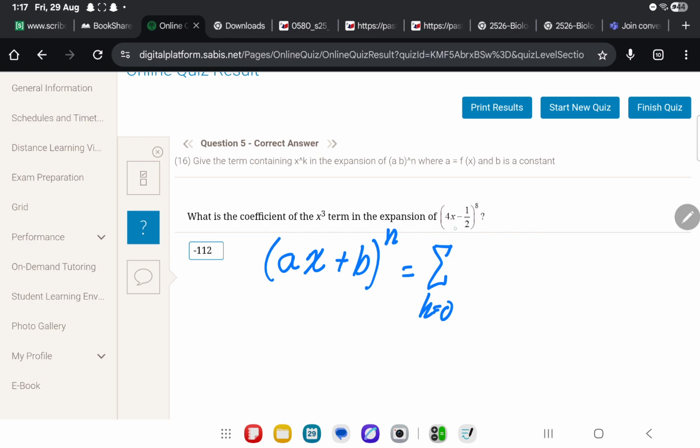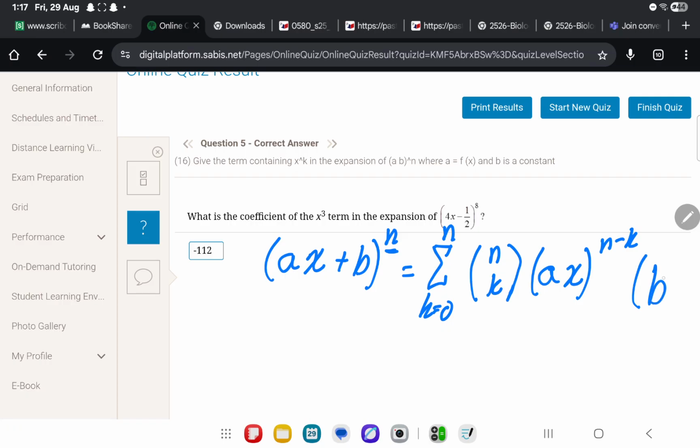Sum from k equals 0 to n, n is our power, nCk, into the first term ax to the power of n minus k, multiplied by b to the power of k. This changes every time, because k will increase by 1, then 2. So this is our general form.